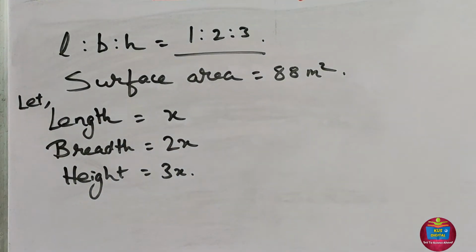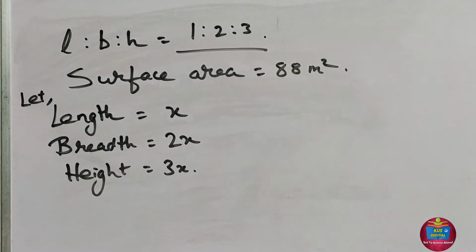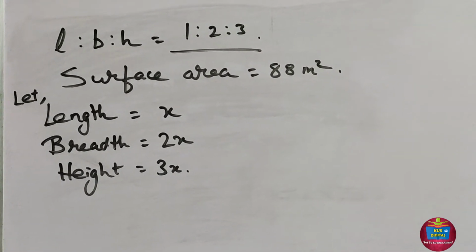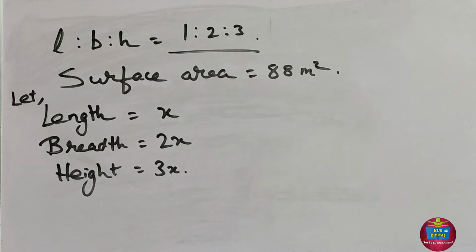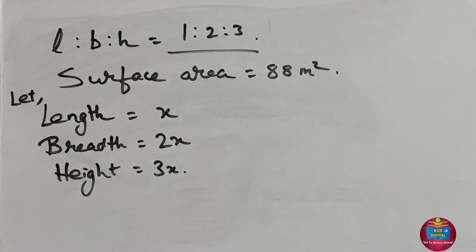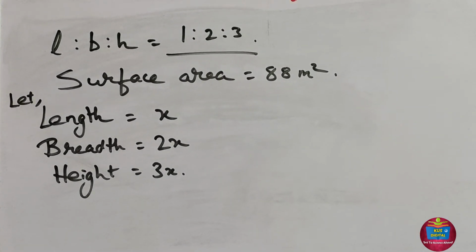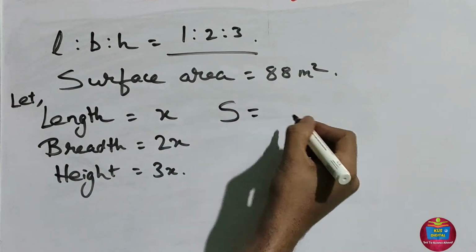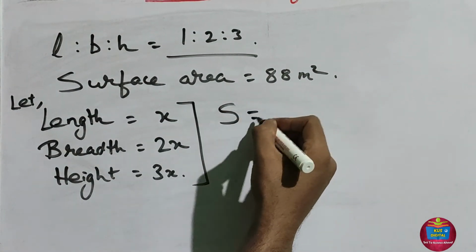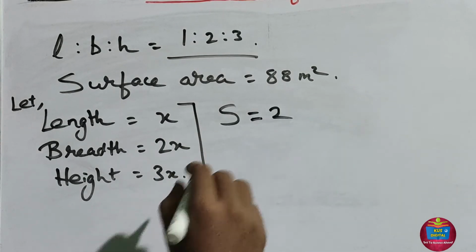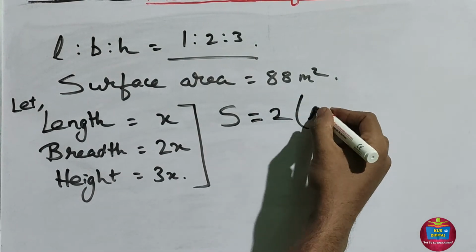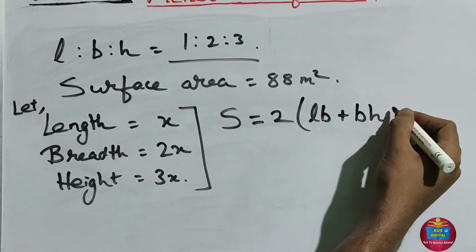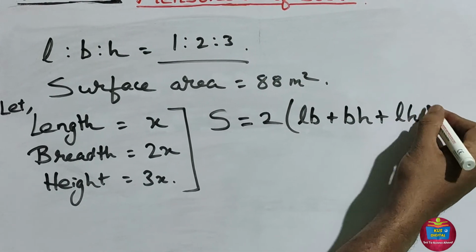So length is x, that means 1x, breadth is 2x and height is 3x in correspondence to the ratio. Okay, now we got length, breadth and height. So now what is the formula of the surface area for a cuboid? Surface area, that means S equals to 2 into length into breadth plus breadth into height plus length into height.